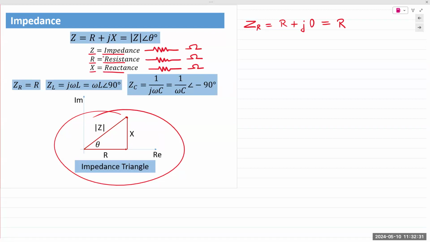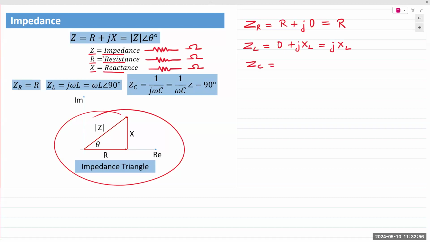ZR is just R. However, ZL, the inductor impedance: ideal inductors do not have any resistance, so it's 0 plus jXL, meaning it's simply jXL. Okay, jXL.